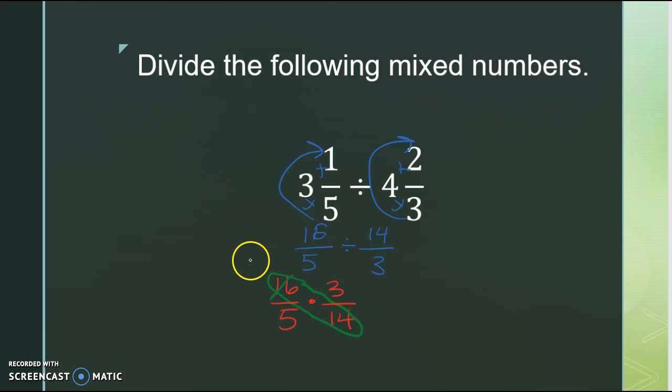So 16 divided by 2 gives me 8. 14 divided by 2 gives me 7. And now we can multiply straight across. So 8 times 3 gives us 24. And 5 times 7 gives us 35. 24 and 35 don't have any common factors, so that is actually our final answer, 24/35.